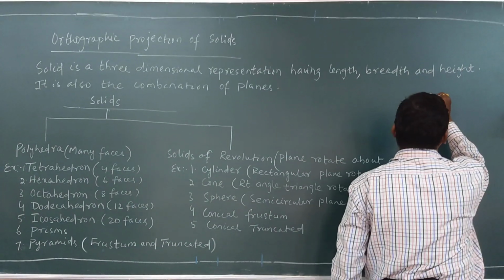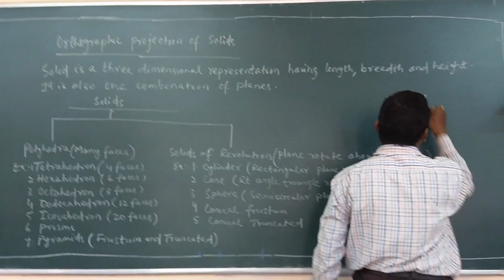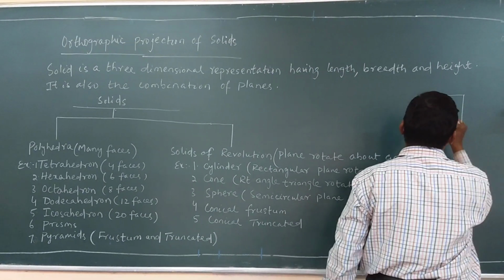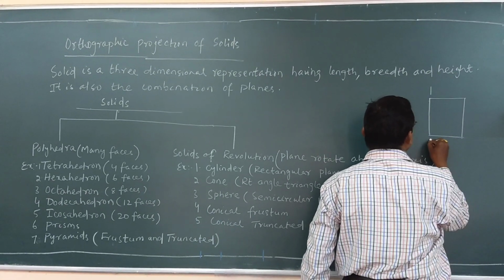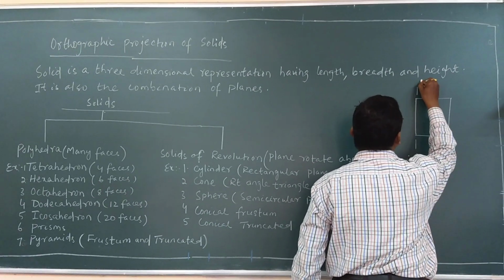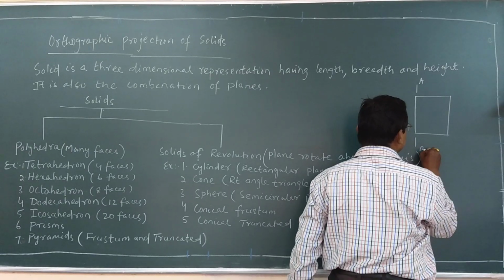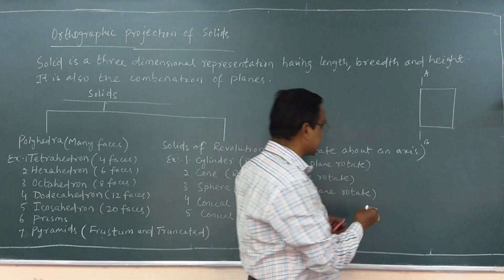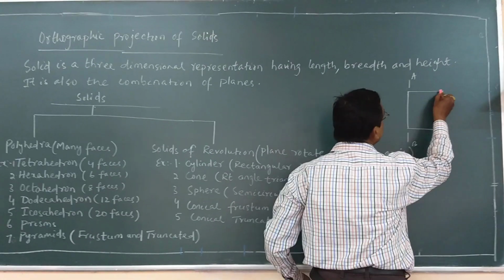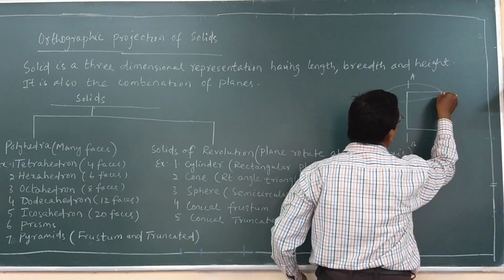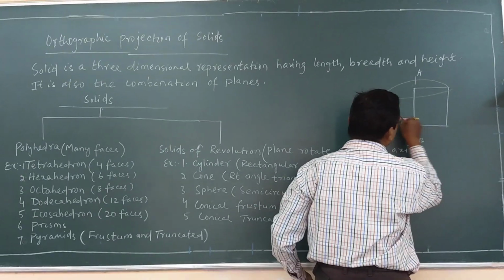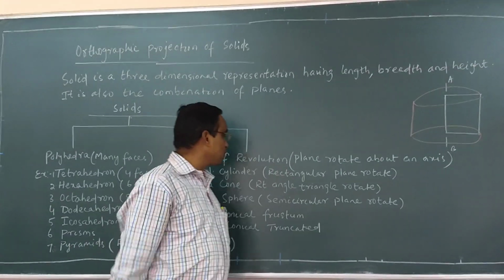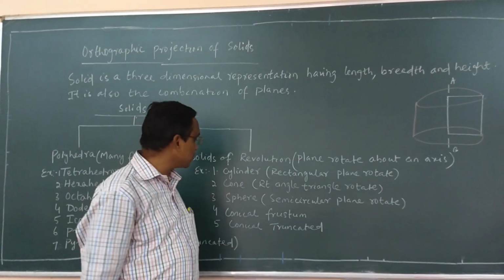This is the rectangular plane, and this is the axis, say AB is the axis. When you rotate the rectangular plane about the fixed axis, the cylinder is formed. So it belongs to the solids of revolution group.